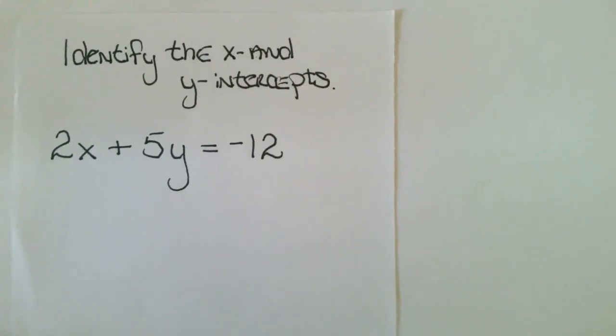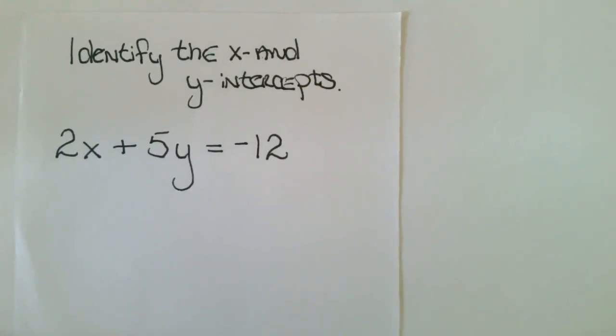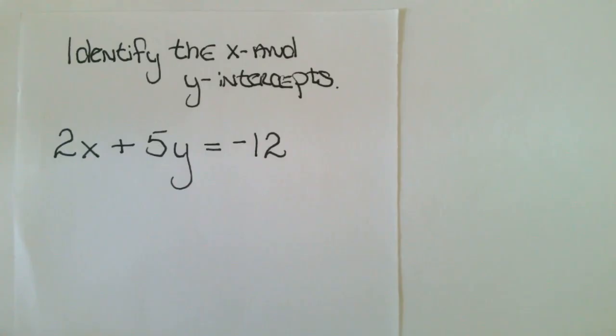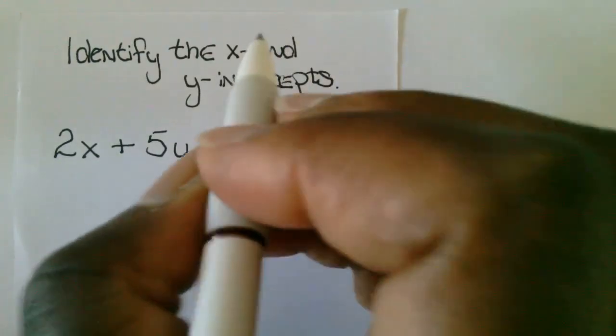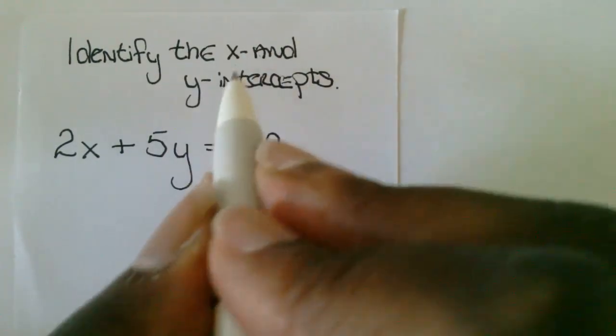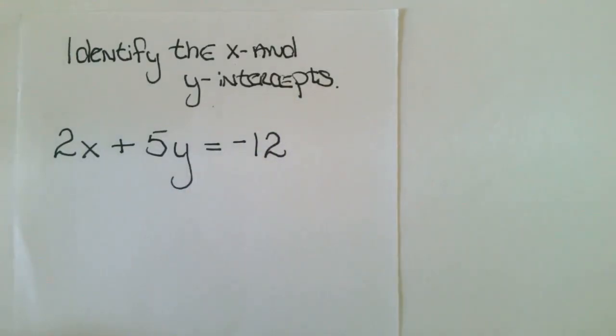Alright, so we need to identify the x and the y-intercepts. Some people go right into it like, oh, slope-intercept form says y equals mx plus b. True, that is the equation of a line. But they just want us to identify the x-intercepts and the y-intercepts.